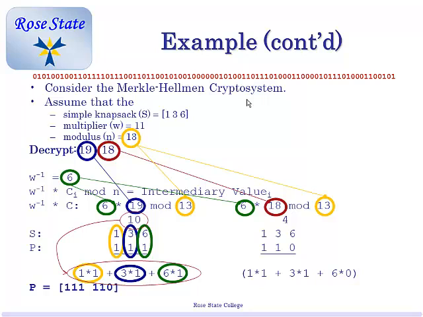No. The whole point of a super increasing knapsack is to prevent the ability to do it in multiple ways. You don't want to be able to do it multiple ways. Because can you imagine if we could do 4 differently? So the answer is 110 or 101? No, that's not going to cut it. So the answer, or the plain text, is what you want when you got ciphertext and you decrypt. The plain text is 111, 110.